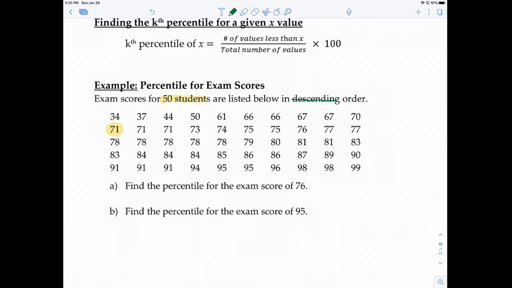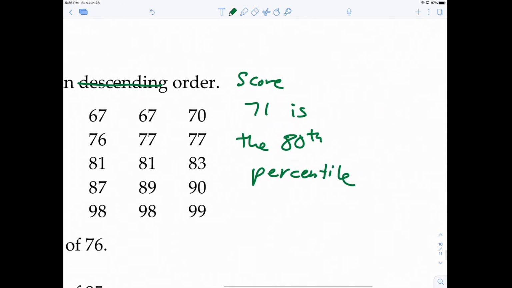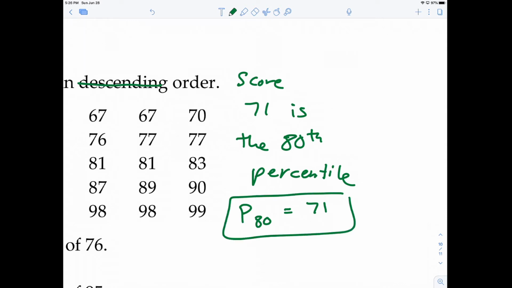In that sense, we can say that the score of 71 is the 80th percentile. Alternatively, this statement can be written as p sub 80 is equal to 71. Both of these mean the same thing.